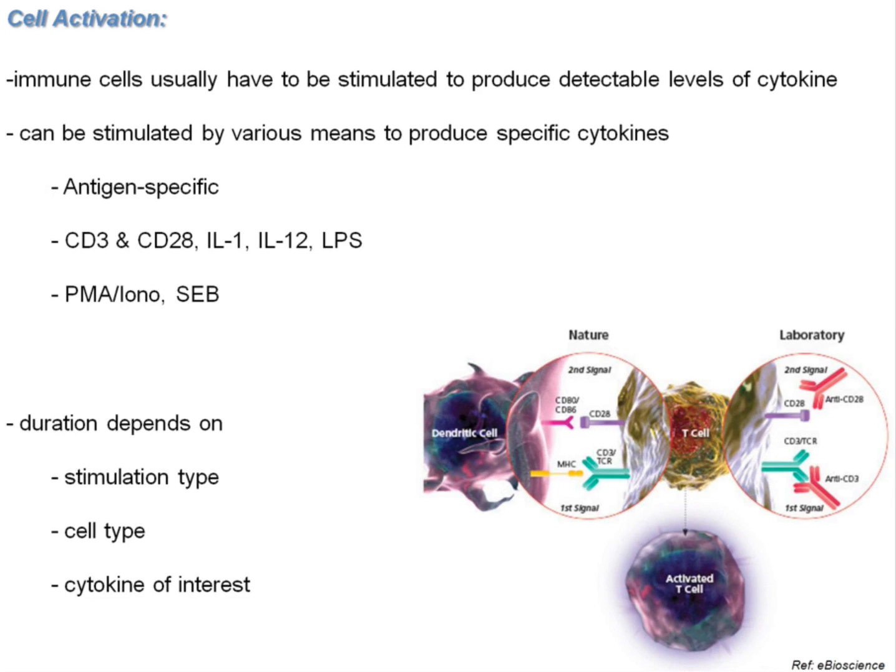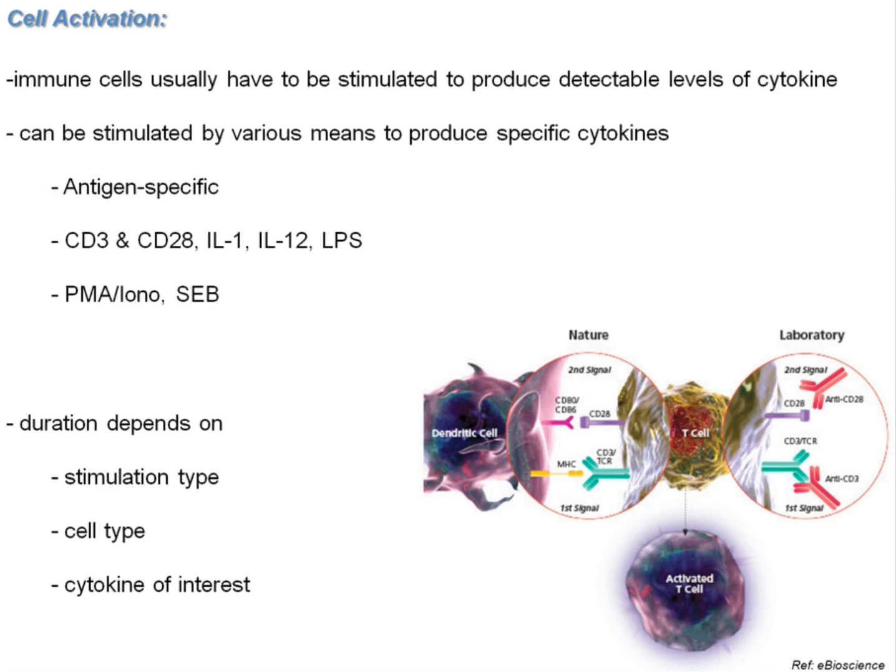Now, how long this priming of the cells needs to be depends on a number of things. Firstly, it depends on the stimulation type, the cell type, and the cytokine of interest. Whether it's a very potent stimulation or a weaker one, it could be anything from a 2-hour stimulation to maybe a 5-day stimulation. Different cells, whether T cells, macrophages, or dendritic cells, will need different times depending on their stimulation type.